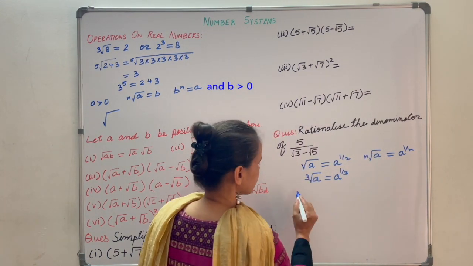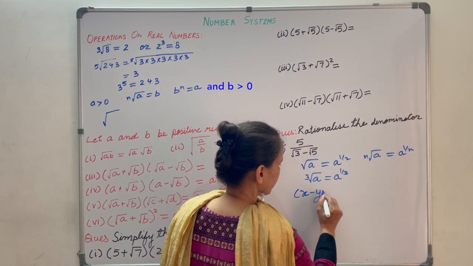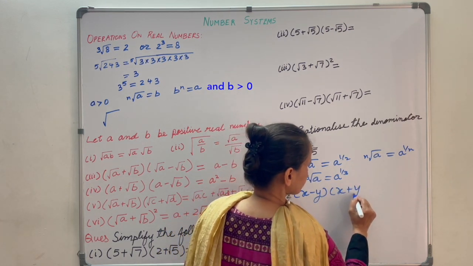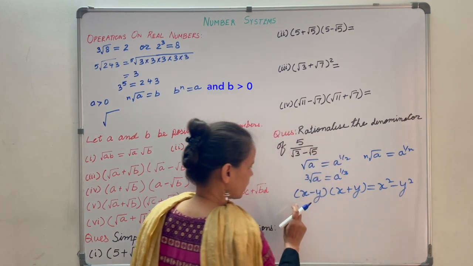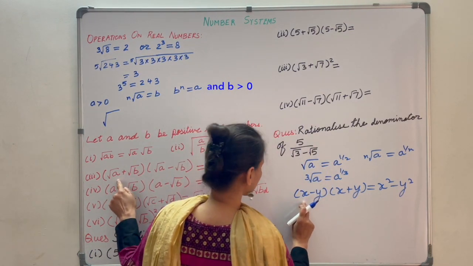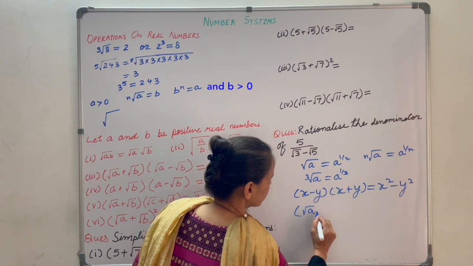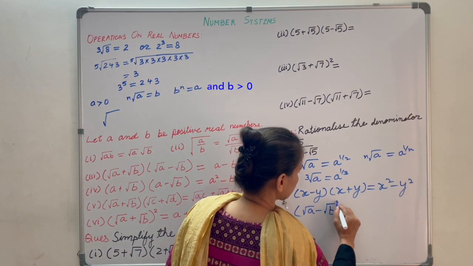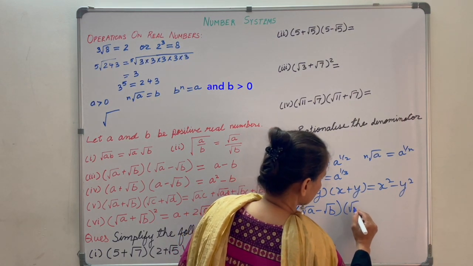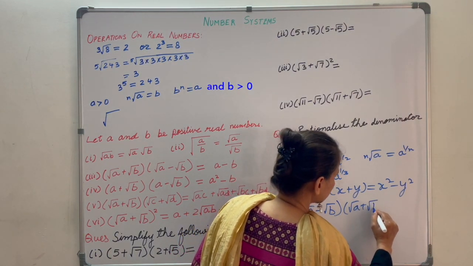So that identity is x minus y into x plus y, that is equal to x square minus y square. So instead of x you have root a and instead of y you have root b. So I'll just replace x with root a and y with root b.